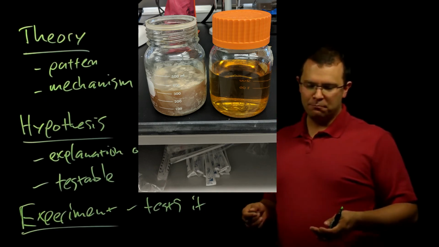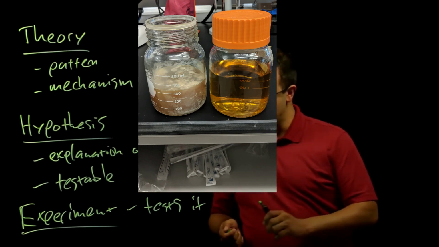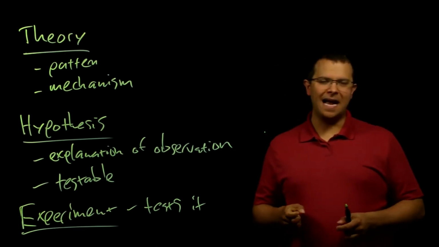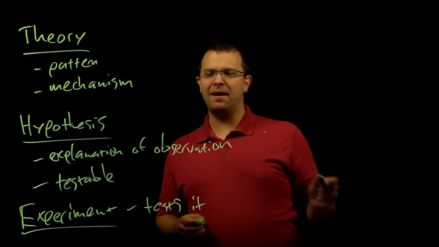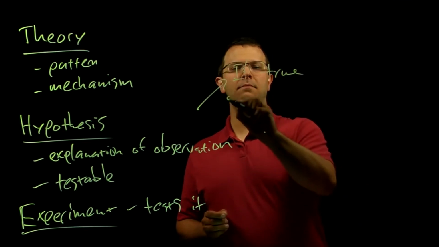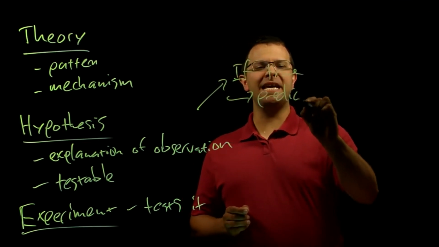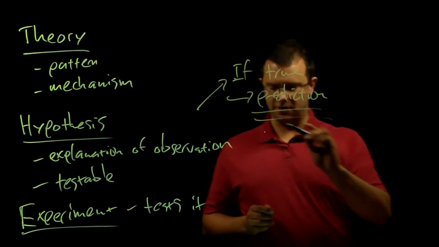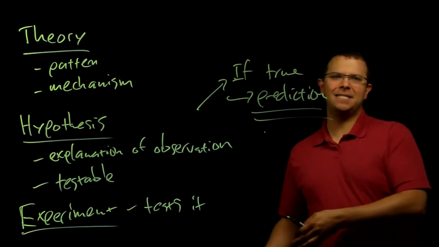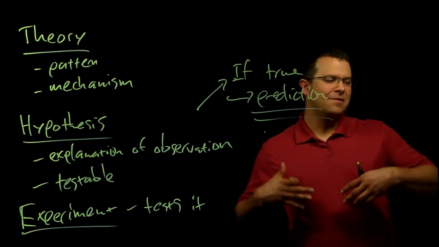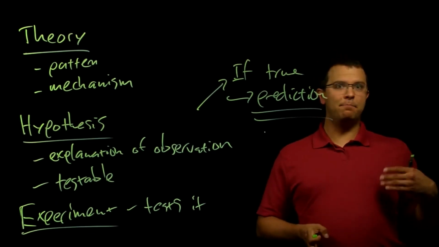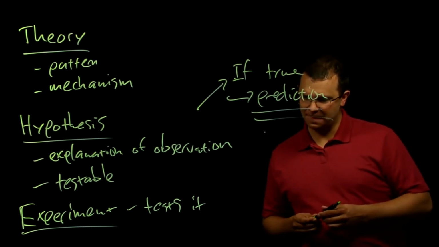Does that prevent things from growing? And that prediction is important, right? I predict that if my hypothesis is true, then I will see something in particular. That good hypotheses are not only testable, but they actually will suggest what the outcome of an experiment to test it will be before you even do that experiment.